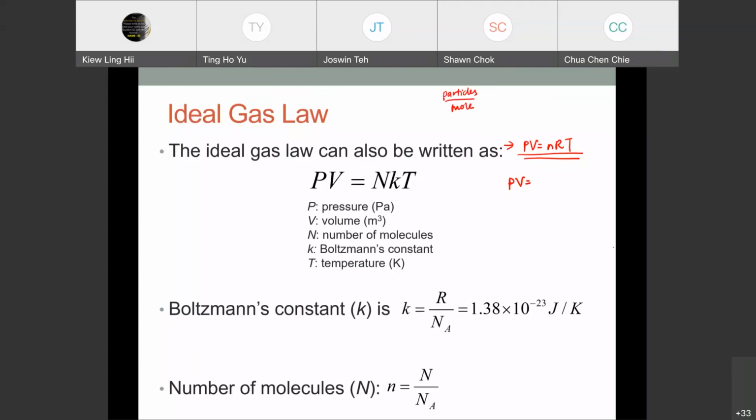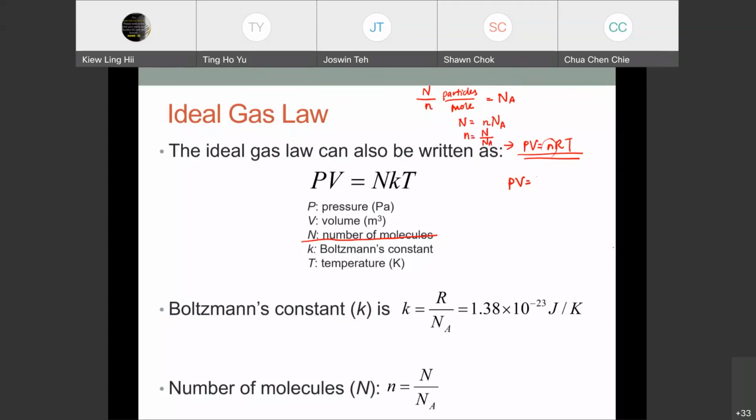If the number of particles is given by capital N, the number of molecules, divided by the number of moles equals the Avogadro number. So the number of particles equals the number of moles times the Avogadro number. Rearranging, n equals the number of particles divided by the Avogadro number.